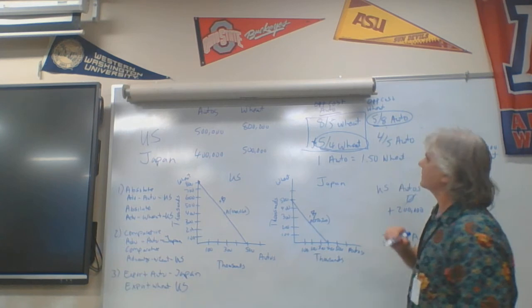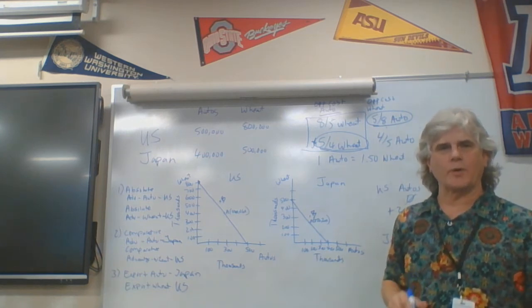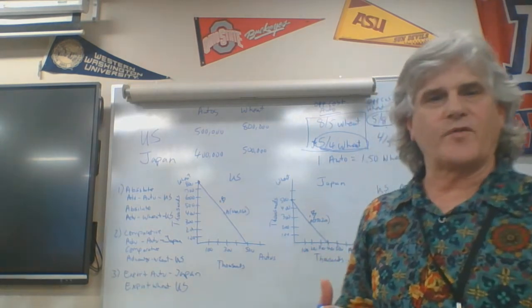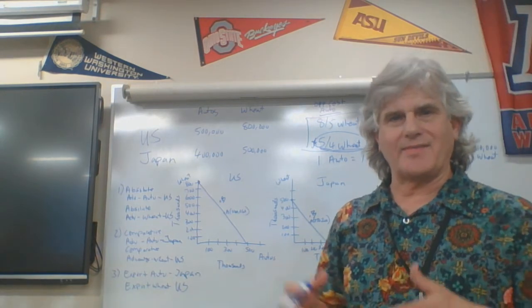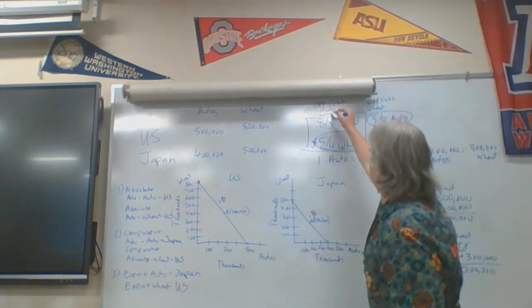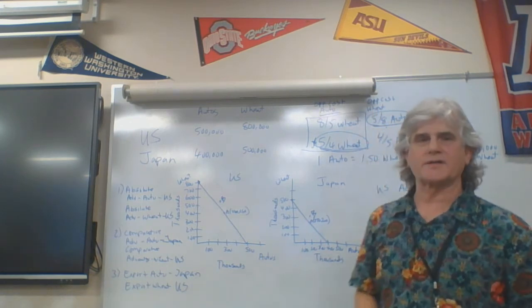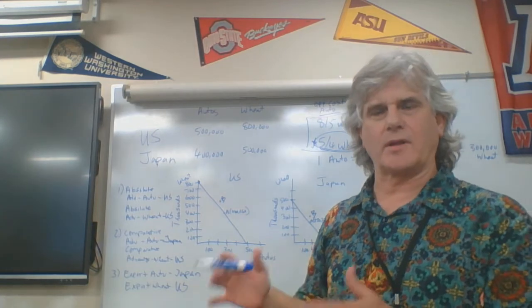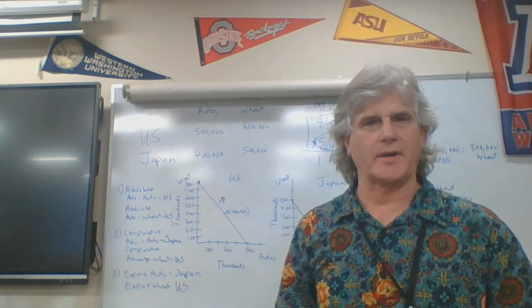The United States has the comparative advantage in wheat because 5/8 is less than 4/5. So we're looking at the product, and we're looking to see who has the lower opportunity cost. They are going to export what they have the lower opportunity cost in, and they're going to import the other product.